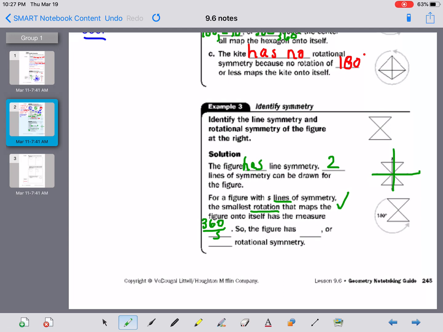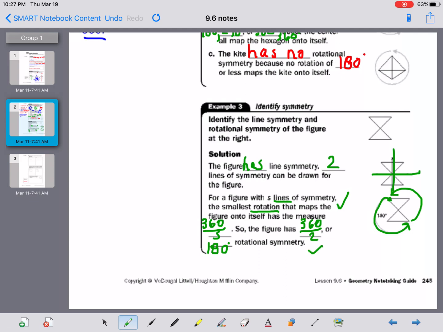So in this example, if we do 360 divided by our 2 lines of symmetry, I know that I have rotational symmetry of 180 degrees. And if I look at this figure and I say, here's my corner, where would I have to turn it till it maps back onto itself? I would have to draw it here, and then again I could go all the way here. So there's exactly twice, which matches this 360 over 2.